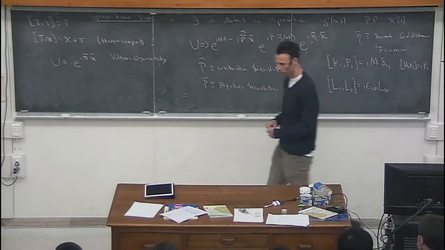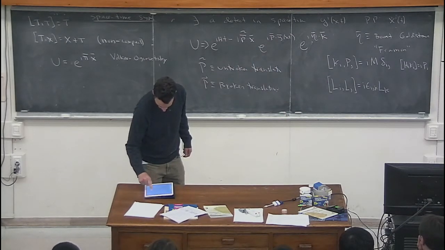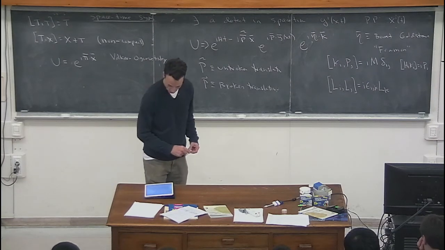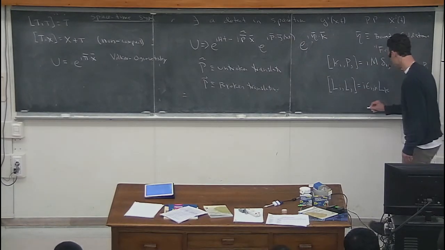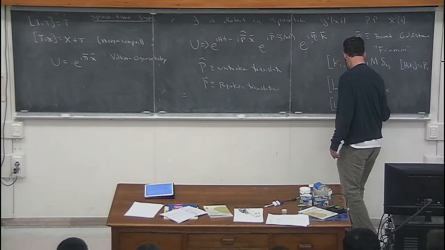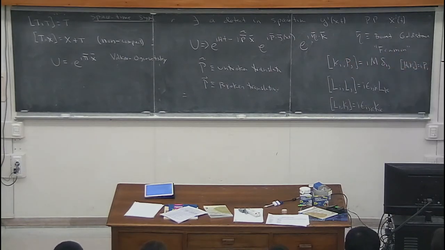Let me make sure I get the sign right. Yes, that's right. And of course, K_i's transform also like vectors, so L_i with K_j is i epsilon_ijk K_k. H is the Hamiltonian for a free particle, right?